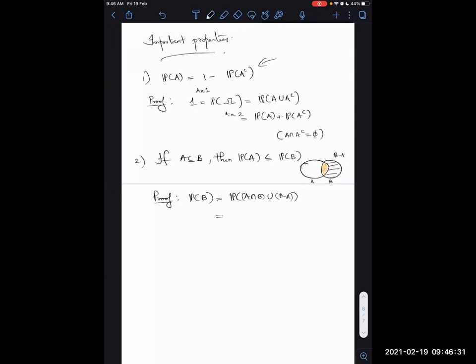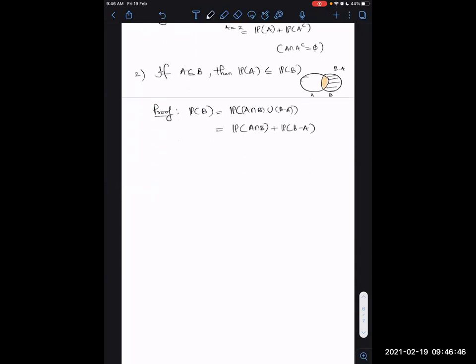So this is true. And we know that these two are disjoint because of the diagram here. So we can write it as the probability of A intersection B plus the probability of B minus A. Okay. What do we do now? It's pretty simple.